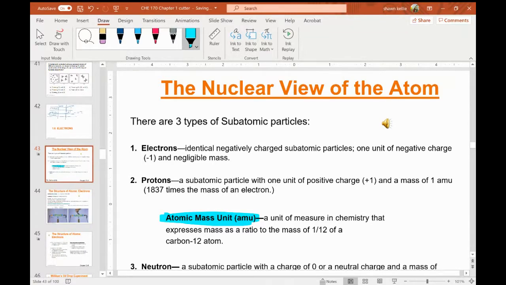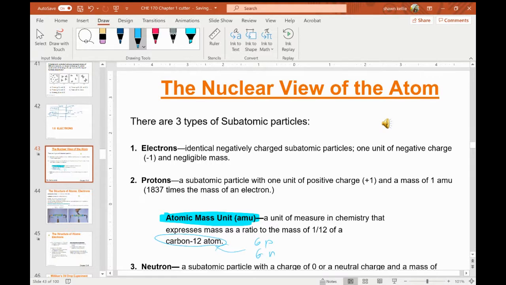Technically, the atomic mass unit is a unit of measure in chemistry that expresses the mass as a ratio of 1/12 the mass of the carbon-12 atom. The carbon-12 atom, as we'll talk about here before the end of the day, has 6 protons and 6 neutrons.